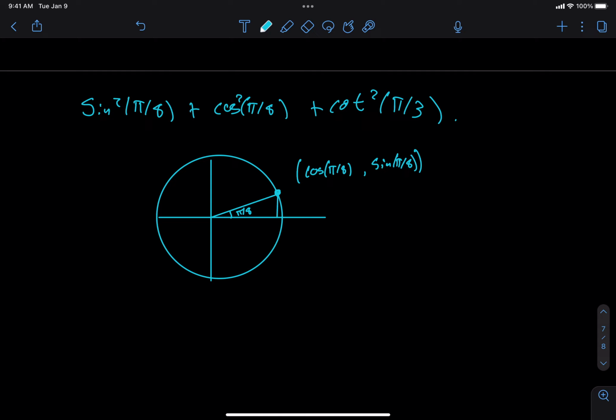So sine of pi over 8 is this length, cosine of pi over 8 is this length. If I square those lengths and add them together, what am I going to get? 1. I'm going to get the length of the last side squared. So this piece here is nothing but 1. So we can rewrite this whole expression as 1 plus cotangent squared of pi over 3.